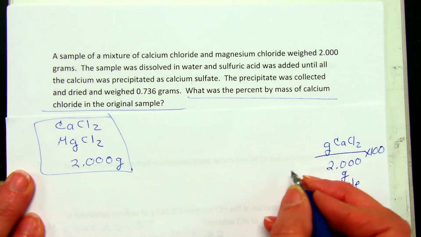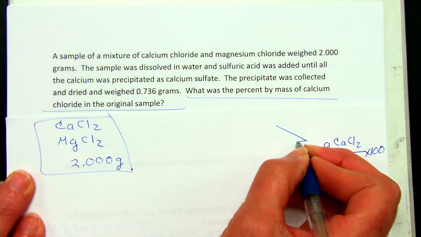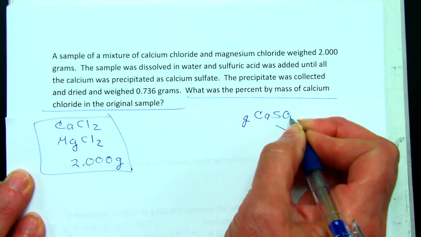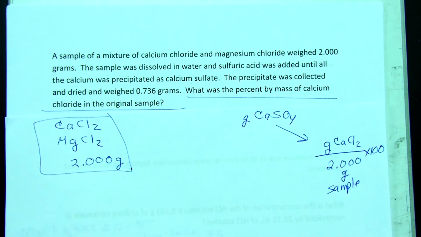So is there a way that I can use grams of calcium sulfate to give me grams of calcium chloride? Haven't we done this over and over in Chapter 3? Took grams of one thing and changed it to grams of something else? Sure. What do I need to do that? Molar masses and a mole-to-mole ratio, and that mole-to-mole ratio comes from the balanced equation.